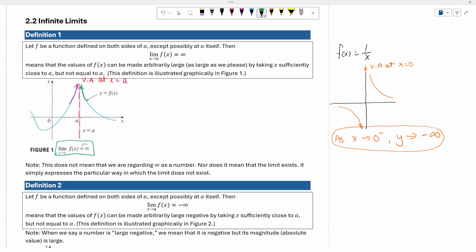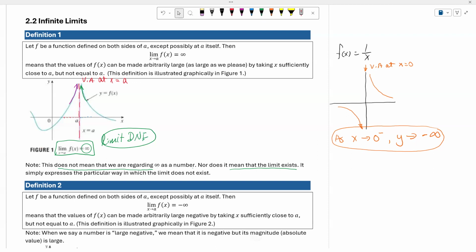But you have to be careful about this. Even though it seems that we make it equal to infinity, in this case, the limit does not mean that infinity is a number. Again, infinity is not a number.